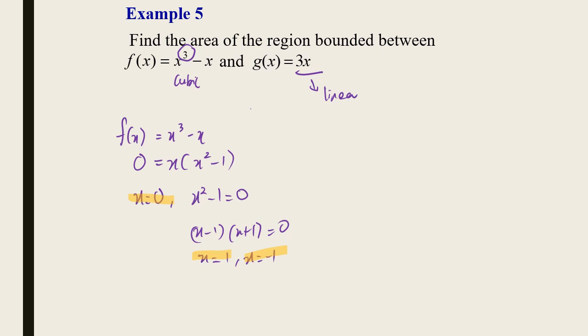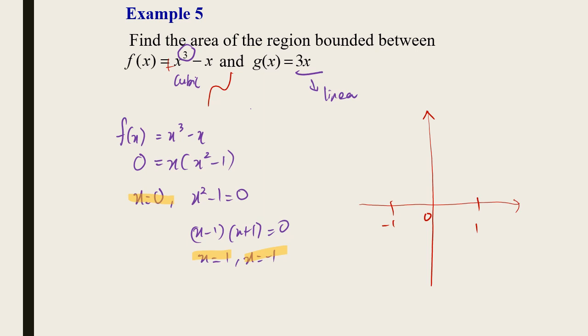So our graph will look like this. This is our x-axis, this is our y-axis. The graph is going up, because it's positive. We have intercepts at 0, the origin, negative 1 and 1.